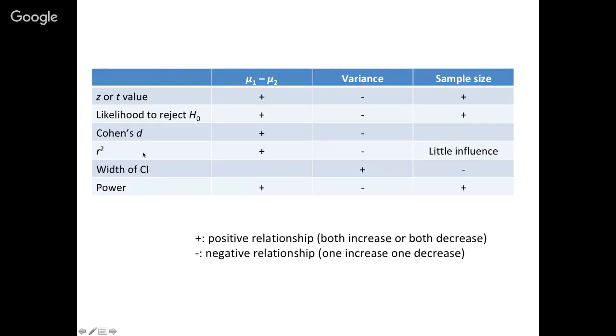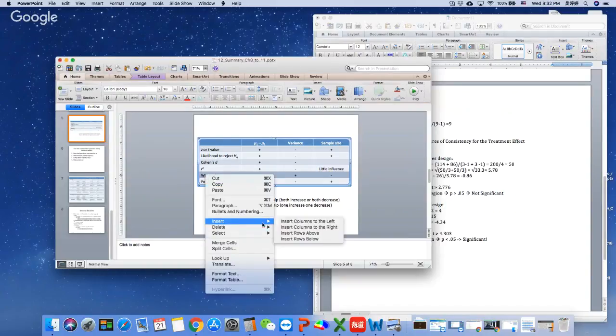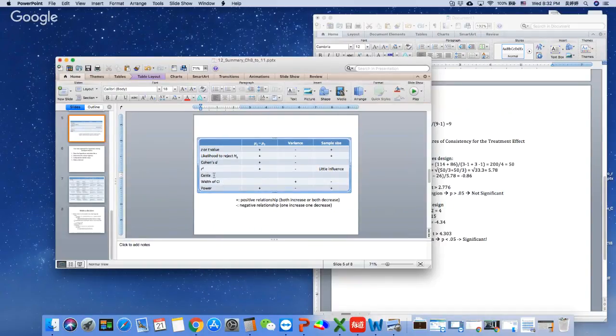Here I missed something: CI here means confidence interval, equals to.